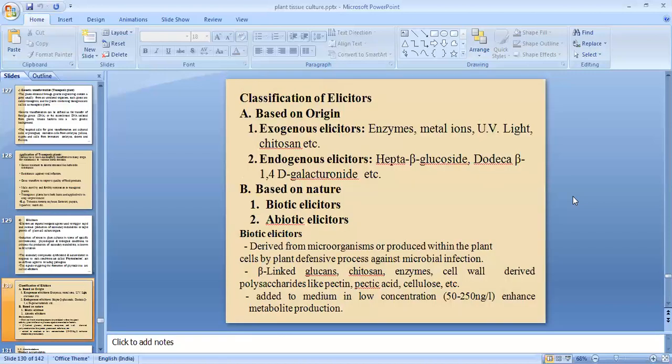Okay, and the classification of bioelicitors can be done on two bases. One is based on the origin and another one is based on the nature. Based on the origin, there are two types of elicitors. One is the exogenous elicitors and another one is endogenous elicitors.